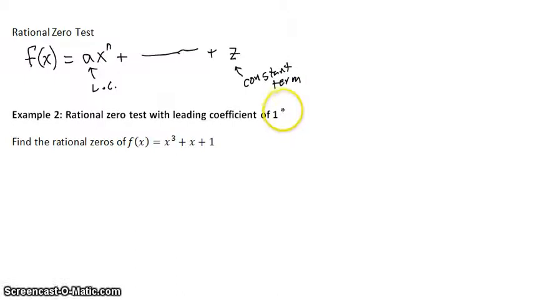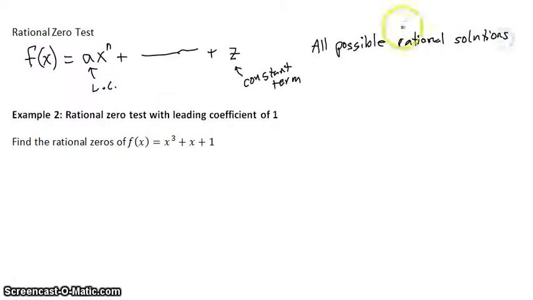So what the rational zero test says is that if you have any polynomial that is an nth degree polynomial, the possible rational solutions are as follows.